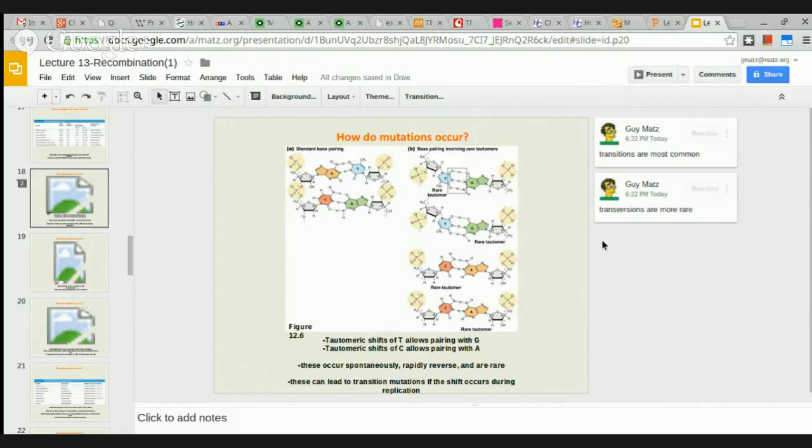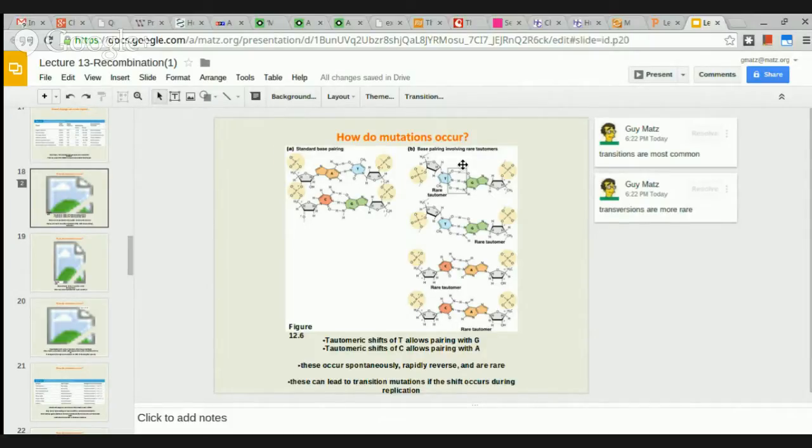So this slide essentially shows, if I can project it, and yes I can, a case where the rare tautomer form of T actually pairs with G. You see this shift in the electron orbitals of the T base actually makes it able to pair with 3 hydrogen bonds and therefore with G. Same thing with C and A, but C then pairs with 2 hydrogen bonds.